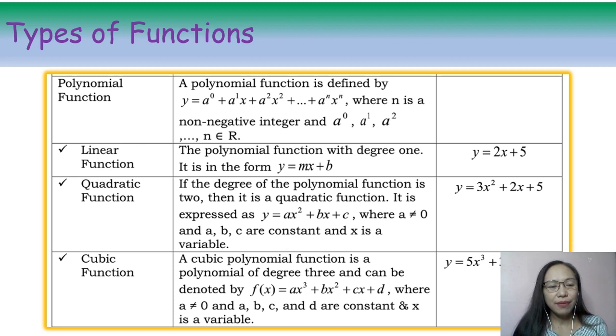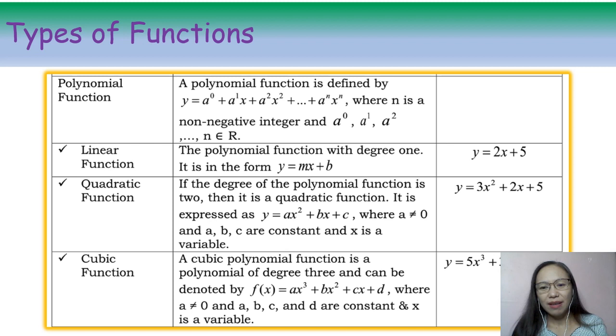And you also have the cubic function. A cubic function is a polynomial of degree 3 and can be denoted by f of x equals ax cubed plus bx squared plus cx plus d, where a should not be 0, and a, b, c, and d are constants, and x is a variable.